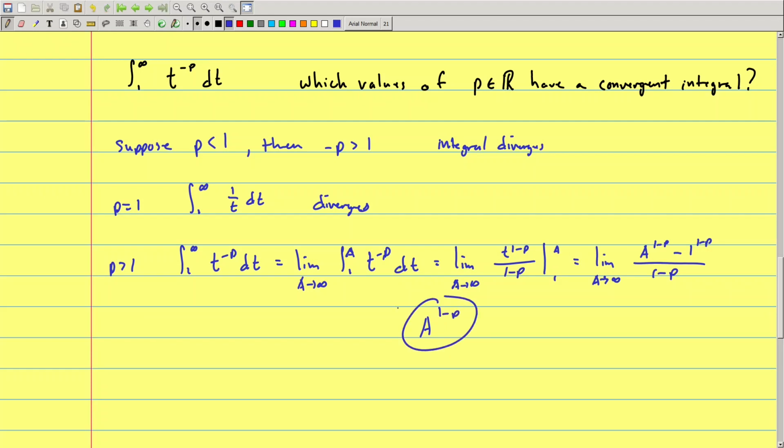This all hinges upon what this is doing, right? As a grows without bound, this thing has to go to 0. That's basically the story here, right? And so in order for that to work, this value here has to be something that is negative, right?